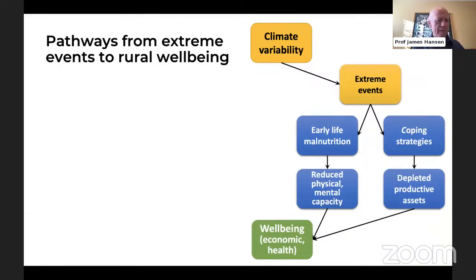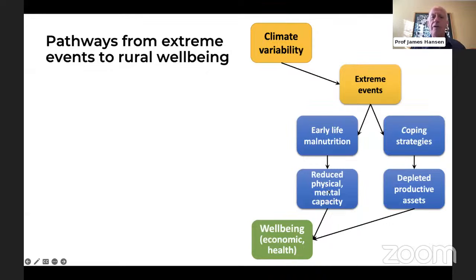So we can summarize these pathways with this diagram. Climate variability, when it leads to extreme events, whether short-term rapid onset shocks or slow onset shocks, coping strategies may deplete productive assets, which can have a negative impact on well-being.